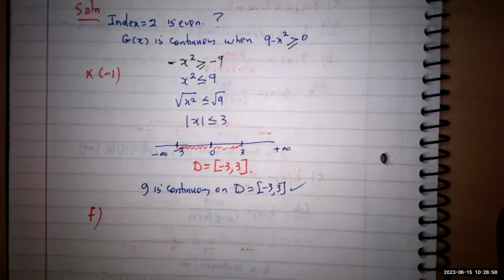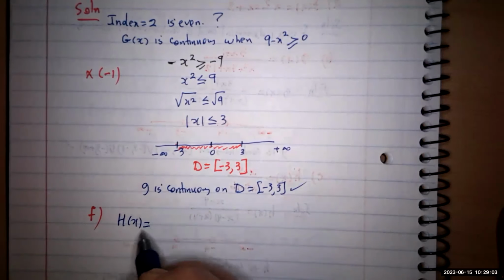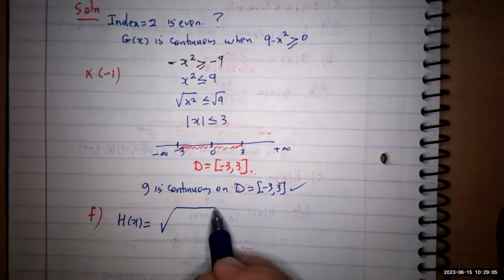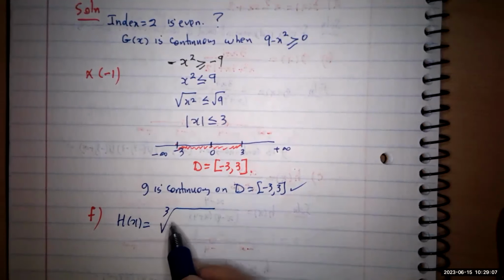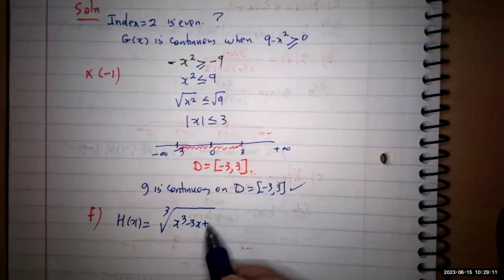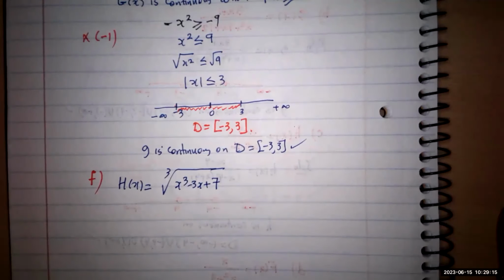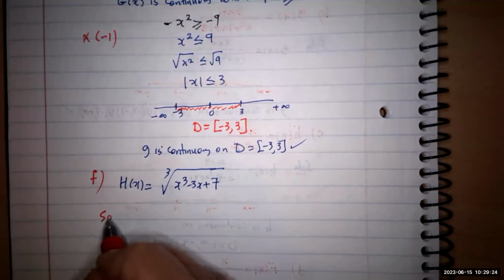So part F, this is the function. h of x is equal to the cube root of x cubed minus 3x plus 7. That's the easiest one. The index is odd. Forget about the radical. The inside is a polynomial. It's continuous forever. So that would be the easiest case.